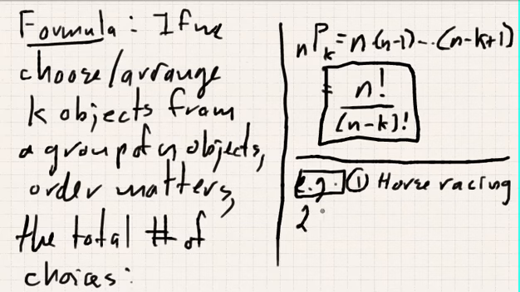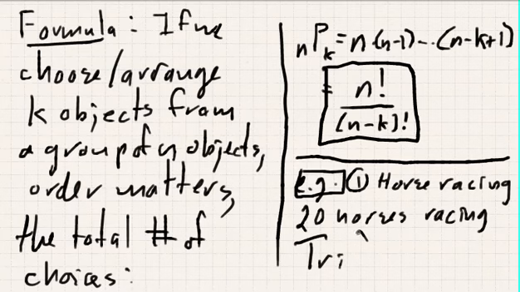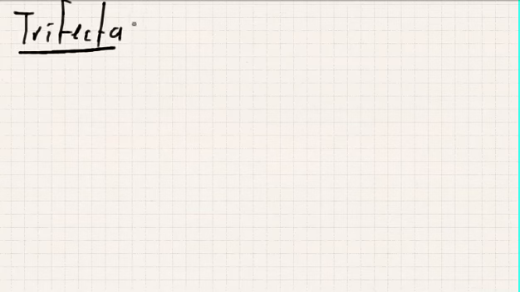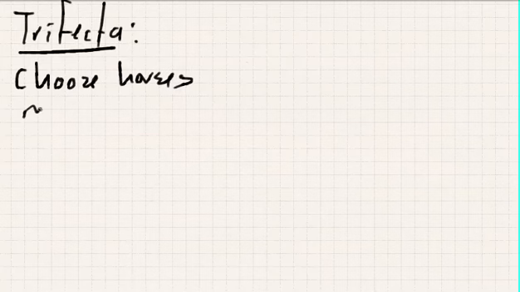But let's just assume that we have 20 horses in a race. And there's a particular sort of bet called the trifecta. And what the trifecta says is this. The trifecta says to win, I have to choose the horses in first, second, and third places.